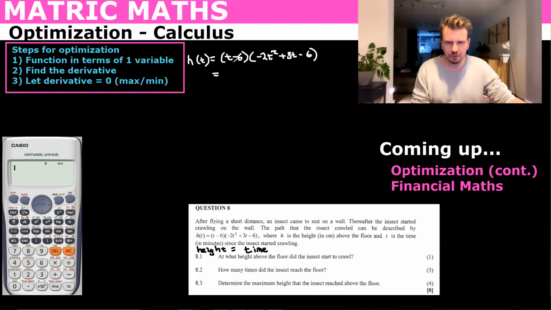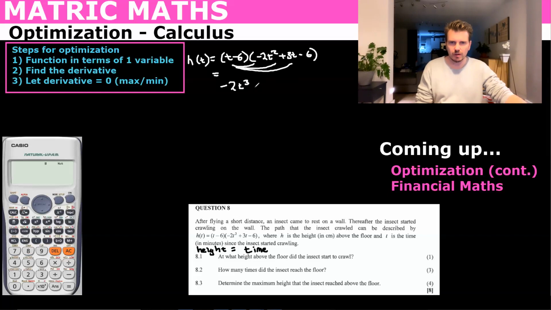Even though we've gone over a couple, I think one more won't hurt. So I'm going to times this out. And so we get minus 2t cubed plus 3t squared minus 6t.